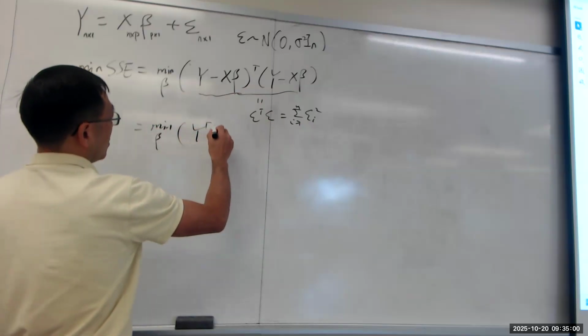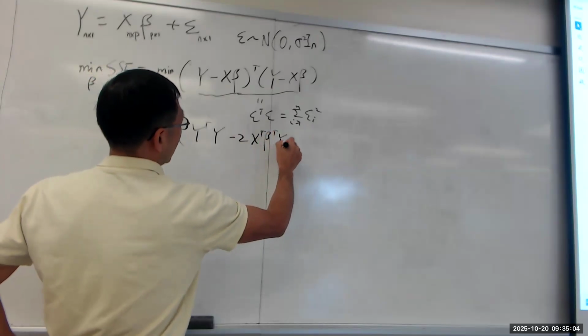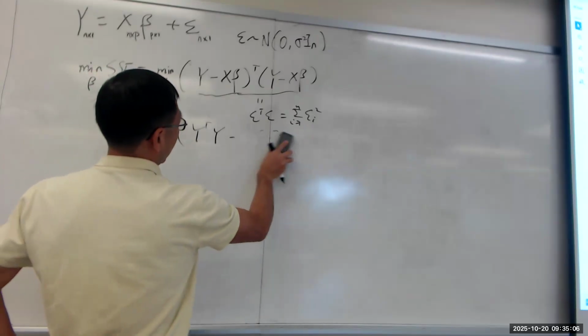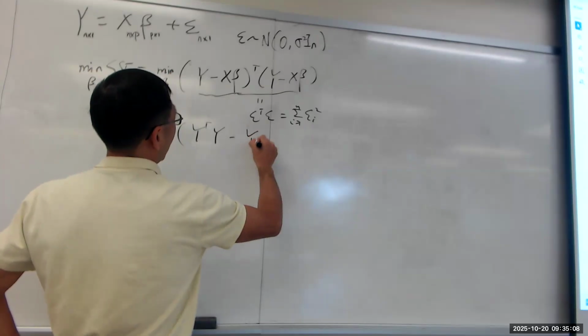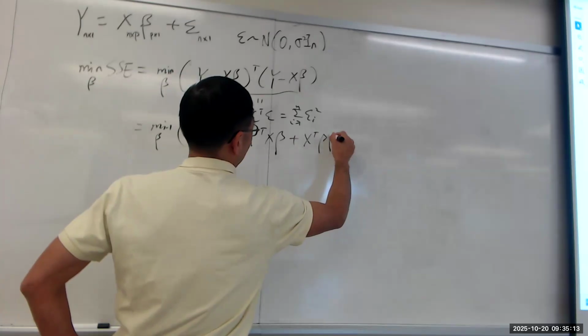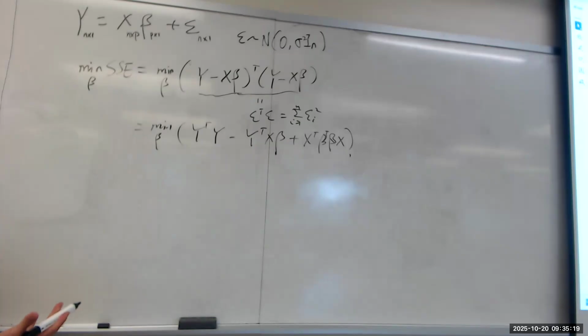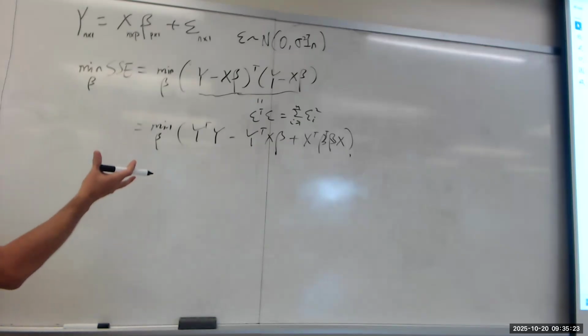We have y transpose y minus 2 (x beta) transpose y, or you can write it another way: y transpose x beta plus (x beta) transpose x beta, right?